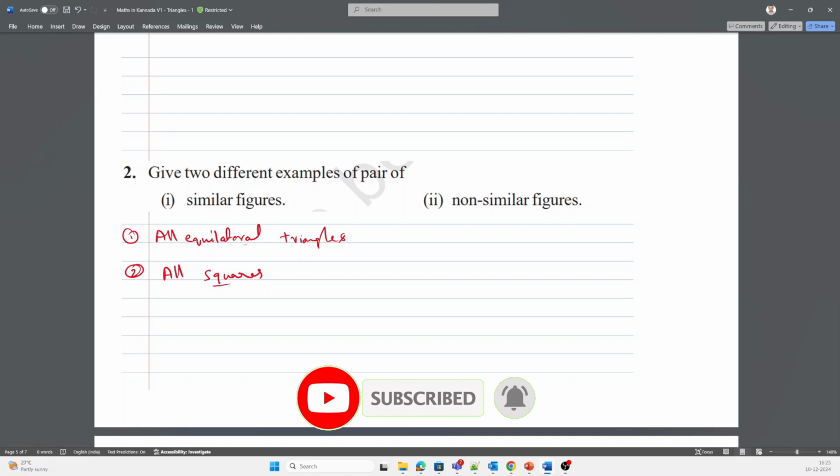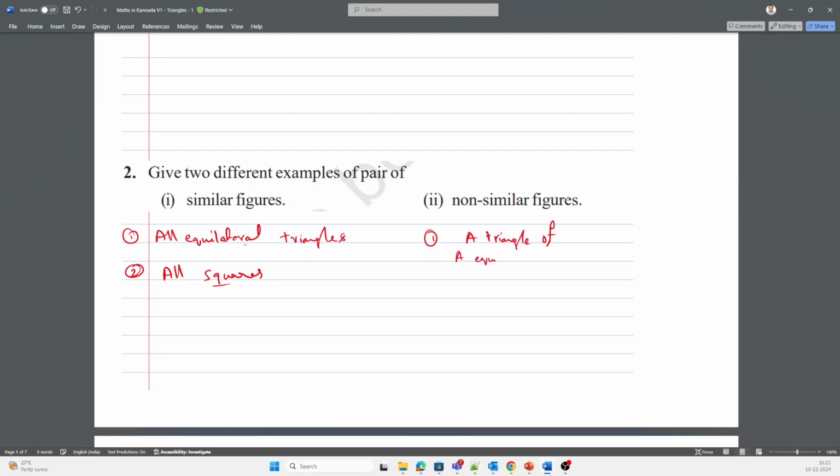The sides are proportional for sure. And a non-similar figure means one equilateral triangle of each side 6 centimeter and another equilateral triangle of each side 3 centimeter, because these are not similar figures.